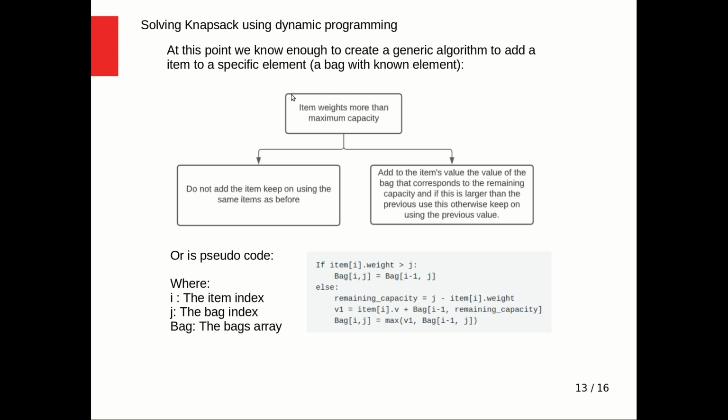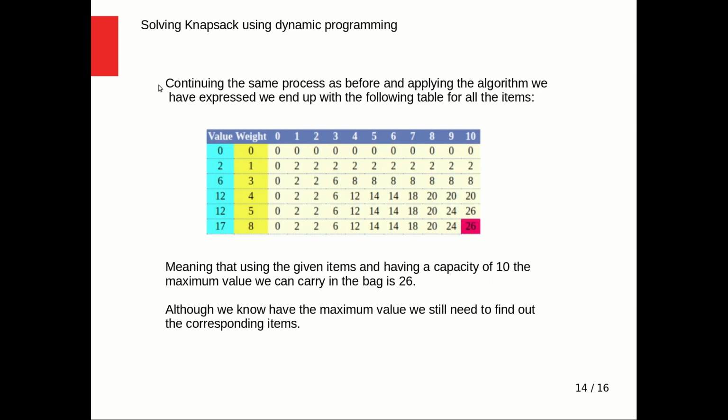So if we follow this formula, we can go ahead and we can fill out the whole table. All these values were added using this formula, and we ended up that the bag with capacity 10 has a maximum potential value of 26 for items that weigh less or equal to 10.